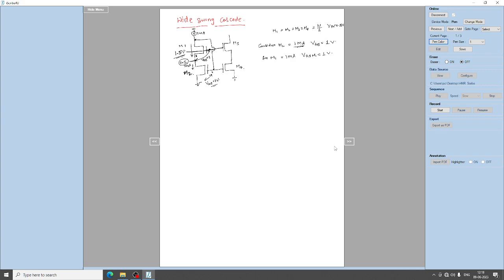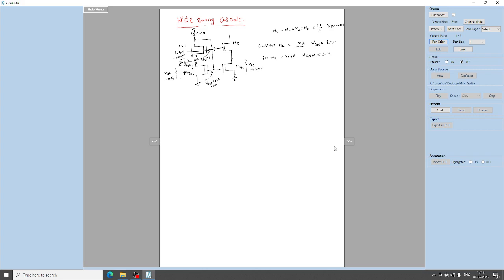Since the source of M1 and the drain of M2 are shorted, this node will be adjusted to 0.5 volts. Note that. So the VDS of M2 will be equal to 0.5 volt. Since the VDS of M2 is 0.5 volt, the VDS of M4 will also be equal to 0.5 volt.